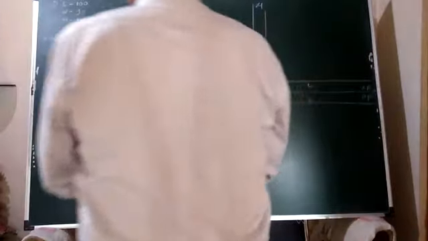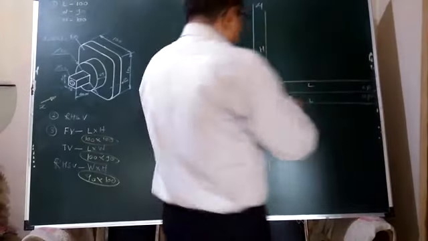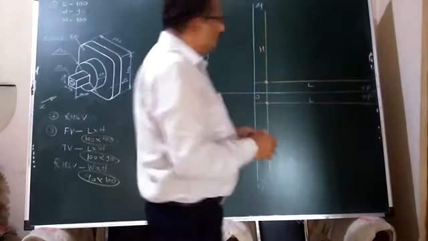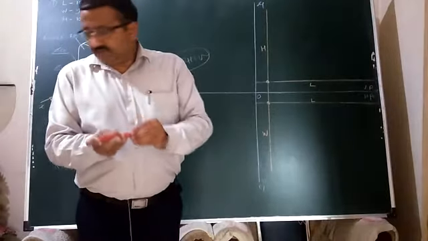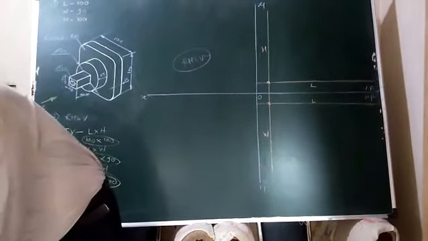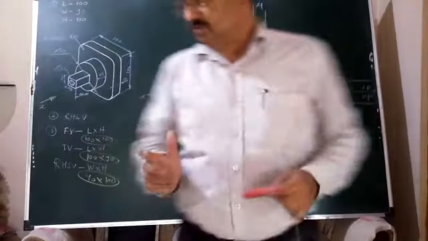Now accordingly, length is how much? 100 by 100. Okay, so that 100 by 100, first of all by scale only, no more approximation. One should use all the geometrical tools or instruments which are available in your compass box properly.